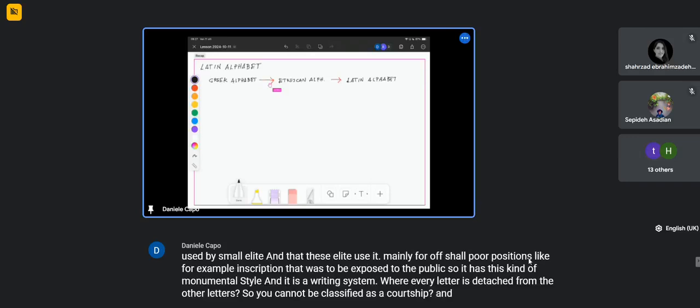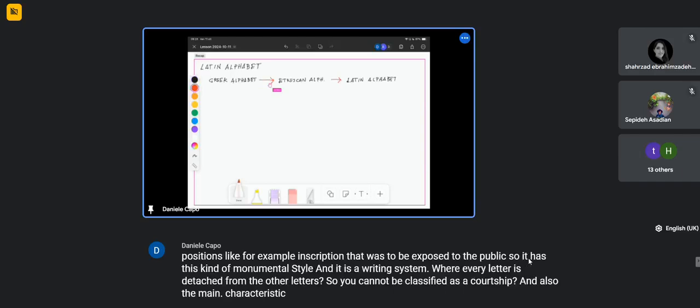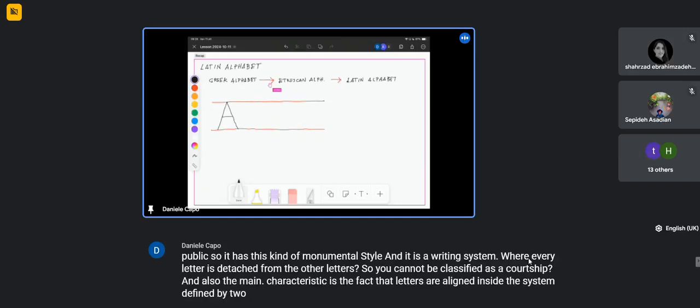And also the main characteristic is the fact that letters are aligned inside the system defined by two lines.